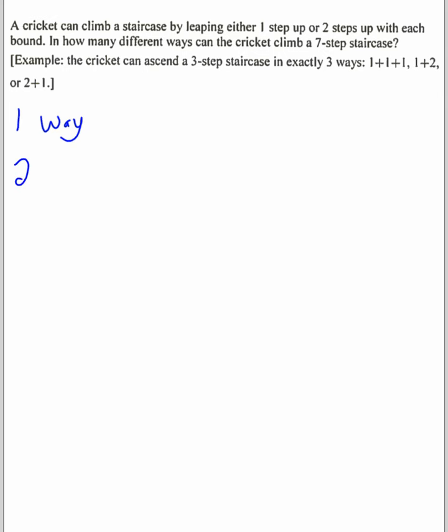Oh, sorry, let me go backwards for a second. What I'm doing is I'm breaking it down into what if the staircase was only 1 step tall? I'm breaking it down into a simpler problem.